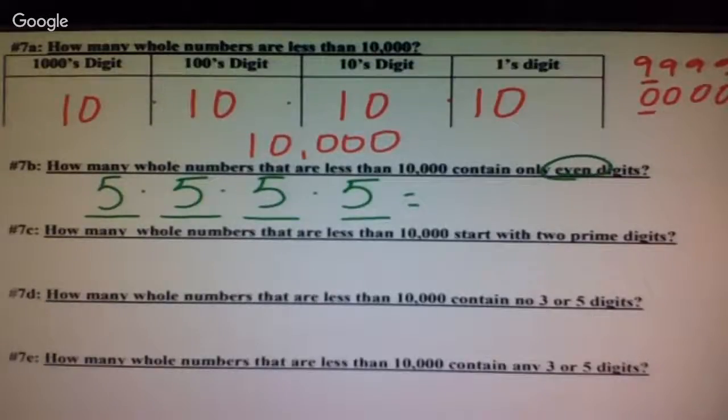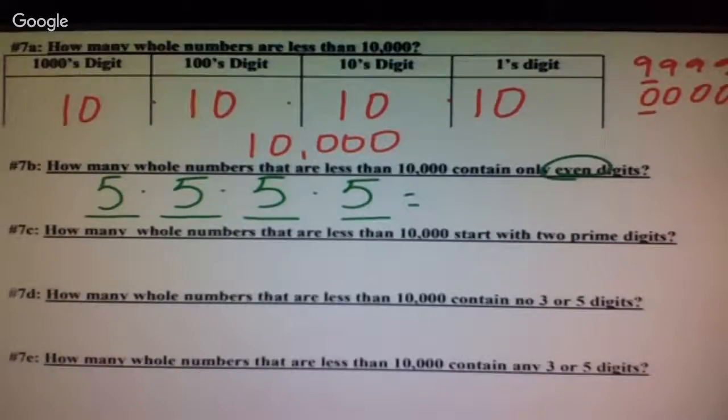10,000. That's a lot more than 5. Okay, so digits just means single numbers. Digits means single numbers. So it can be a 0, a 1, a 2, a 3, a 4, a 5, a 6, a 7, an 8, a 9. Which is why you have 10 options here.